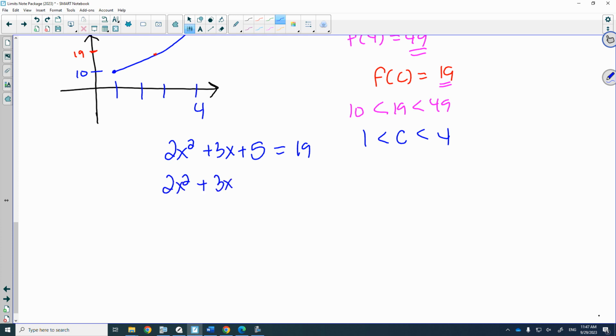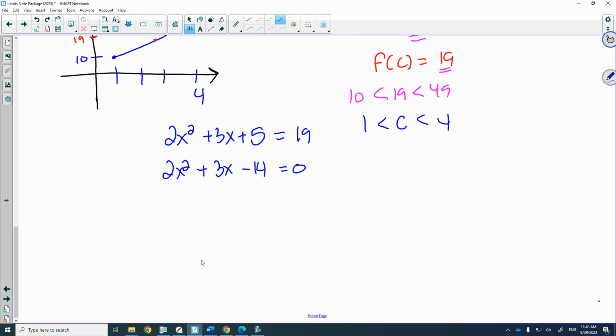So let's subtract 19, and we're going to get 2x squared plus 3x minus 14 is equal to 0. Normally, we would do factoring by decomp. Are you okay if I just give you what the two factors are? If you saw this on an exam, you'd be doing decomp, but we'd have 2x plus 7 and x minus 2 is equal to 0.